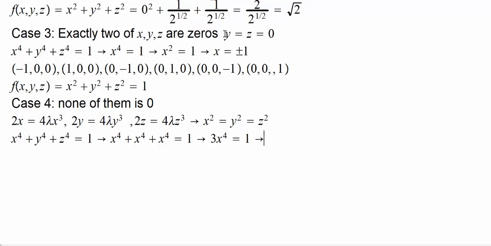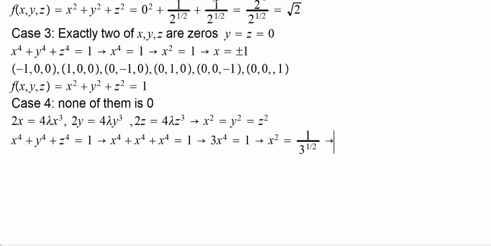So this is 1 over 3 to the 1 half, and that will give us x as plus or minus 1 over 3 to the 1 half.